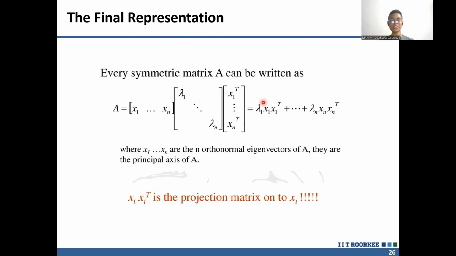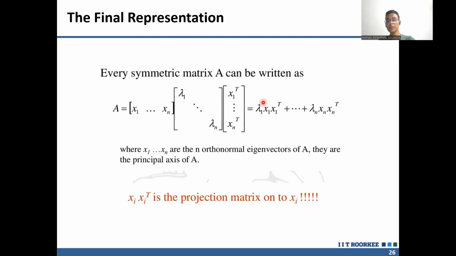So, the final representation that spectral decomposition talks about is that every symmetric matrix A can be written as A equal to Q lambda Q transpose, where Q is the eigenvector matrix, lambda is the matrix with the eigenvalues along the diagonal, and Q transpose is the transpose of the eigenvector matrix.